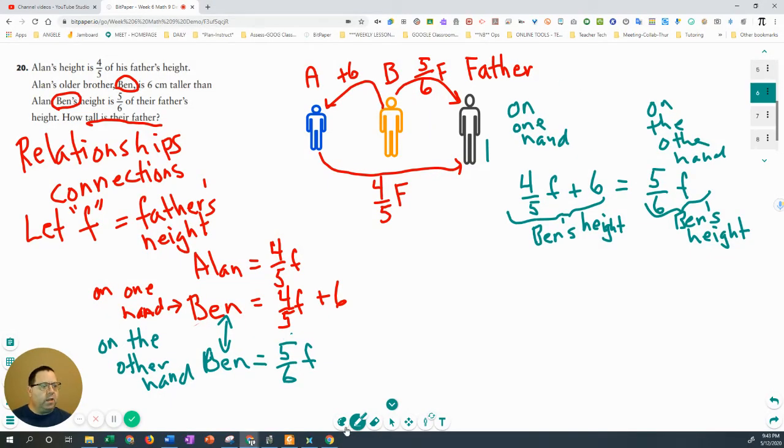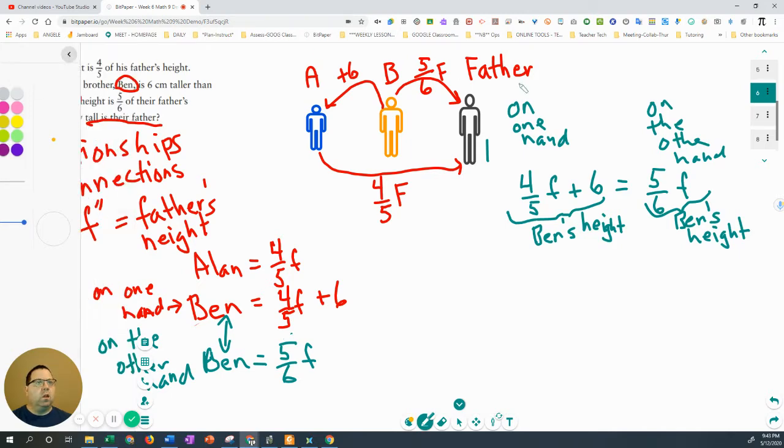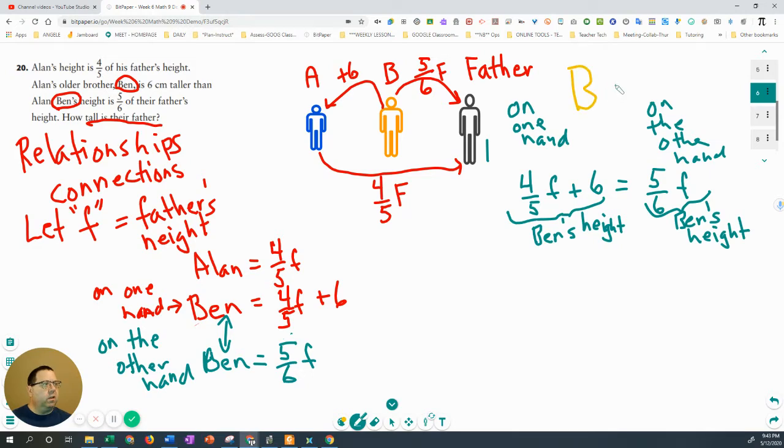But the bottom line, grade 9s, is this. Ben's height is Ben's height. So on the left side of the equation, if Ben is 176 centimeters, we have an expression that, when it's all calculated and the variables are isolated, and we've dealt with the constants and the coefficients, we should get an answer. I'm just making this up, I don't know the actual answer, but let's say it was 176.